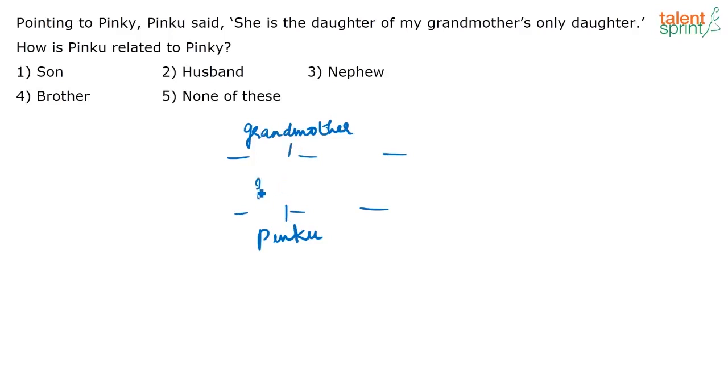So I am assuming Pinku has a father whose mother, okay, and she is the daughter of my grandmother's only daughter. So my grandmother has a daughter, and that daughter's child is Pinky, correct?